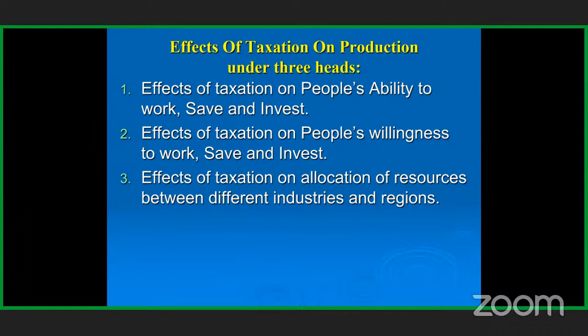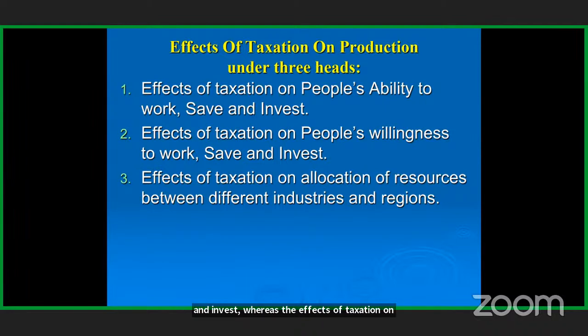So it is easy to find the adverse effects of taxation on the ability to work, ability to save and invest, whereas the effects of taxation on willingness to work, save, invest are not easy.